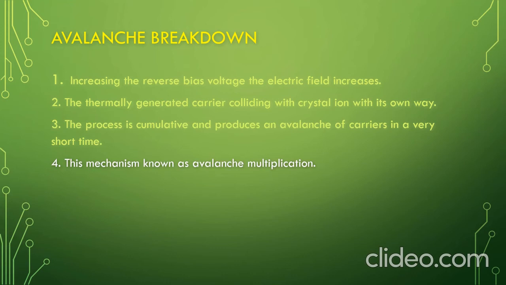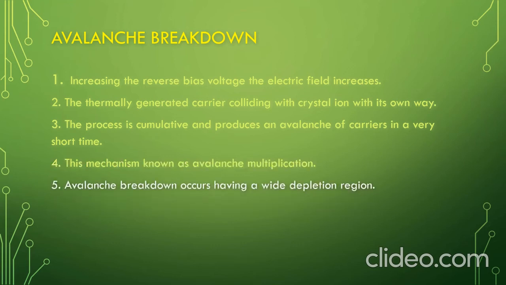The next point is that avalanche breakdown takes place in a junction having a wide depletion layer. With a rise of temperature, the crystal ions vibrate with a greater amplitude, which increases the possibility of collisions of the carriers and the crystal ions. The carriers thus have less opportunity to pick up enough energy between collisions to trigger the avalanche process.